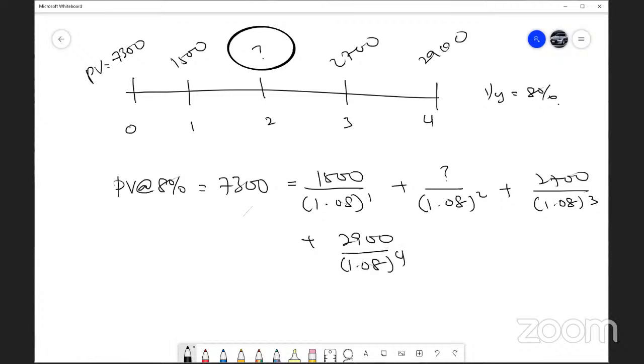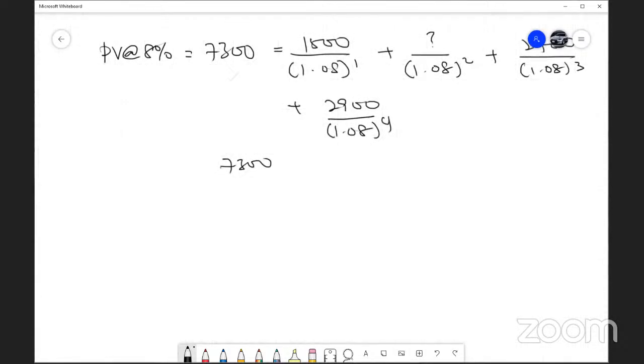So count it one by one first. What do you get? So 7,300 is equal to 1388.89 plus unknown, plus 2143.25 and plus 2121.89.